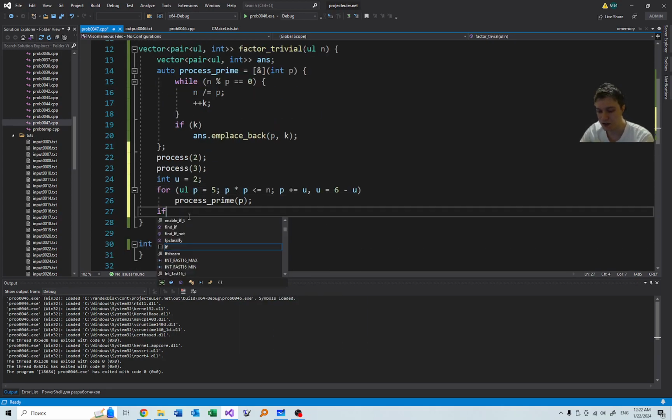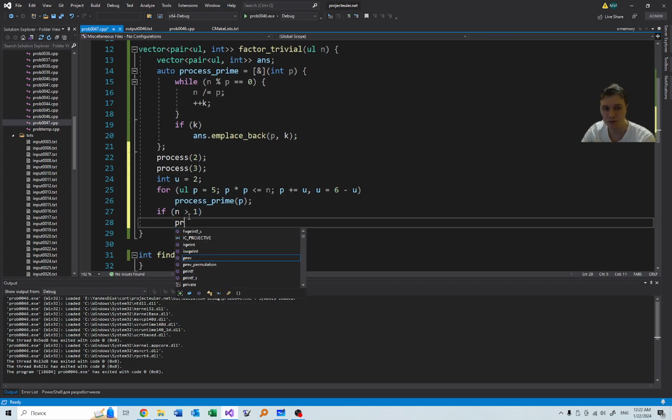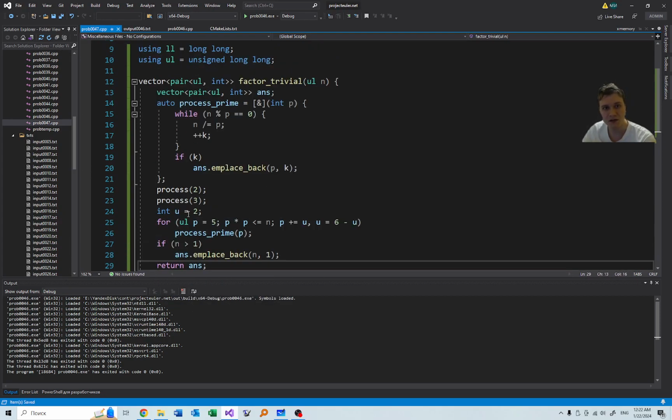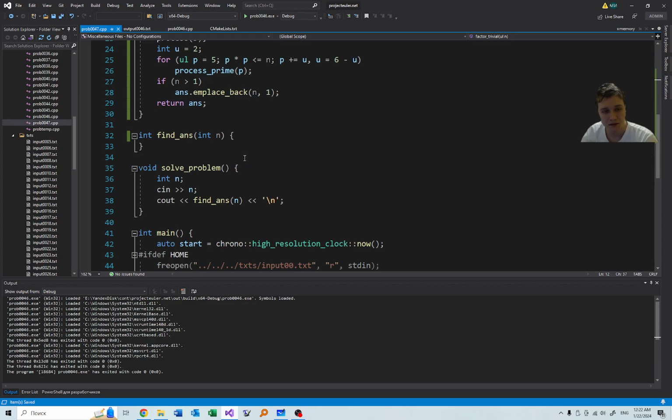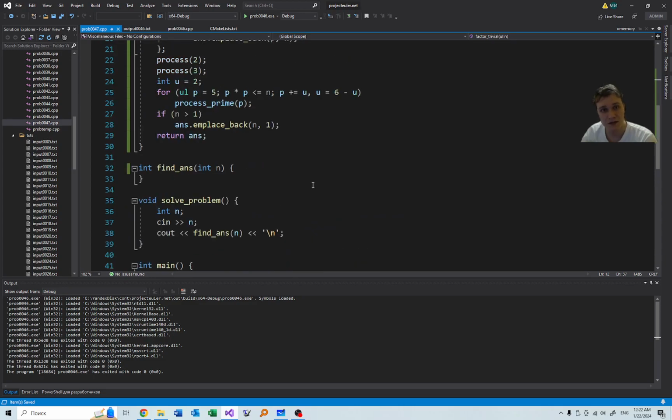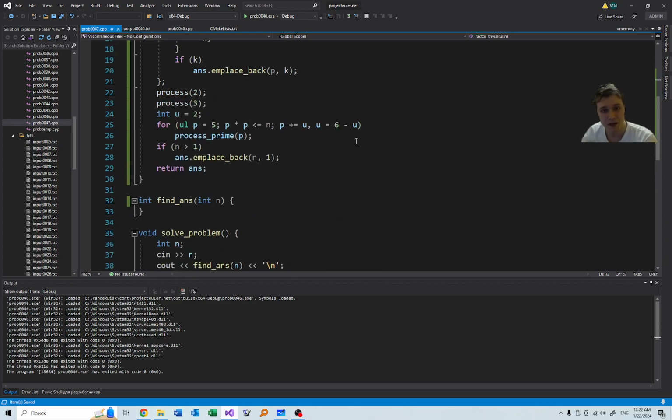Then, if n is greater than 1, let's just place back n, 1. And then we return answer. So this is a trivial factorization algorithm, which is still not that slow, because it only goes through 1/3 of all numbers.